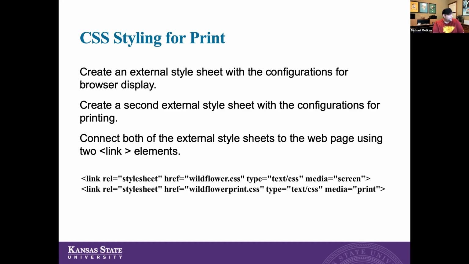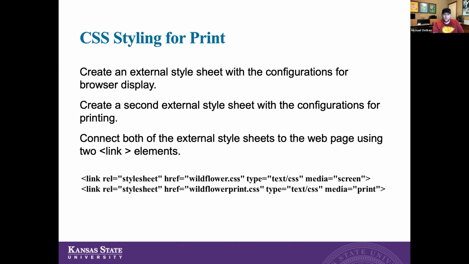Okay, so in our head section, we can actually link 2 different style sheets. In this example here, we have wildflower.css, which is our main style sheet for what they're seeing on the screen. The only thing that we're adding here, so you notice we have a third property within this element, we're adding media equals.